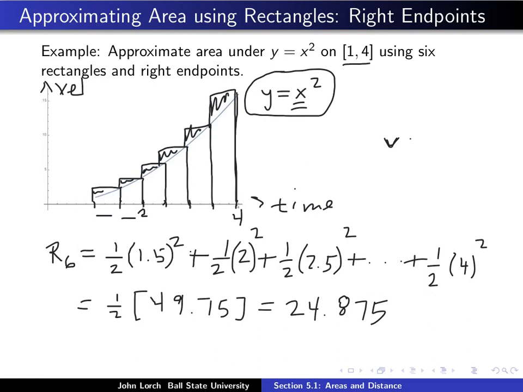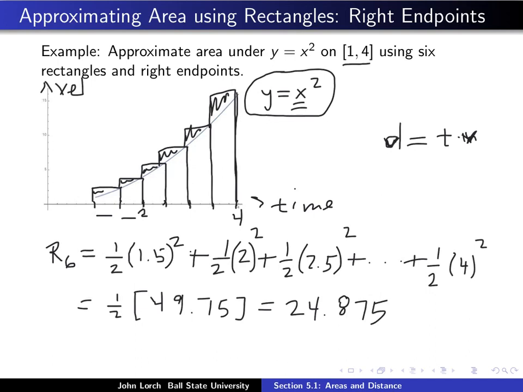In our new physical setting, the horizontal axis is time and the vertical axis is velocity, so you're taking a little bit of time, that's the 1/2 part on the horizontal axis, and you're multiplying it by some heights, which are velocities.